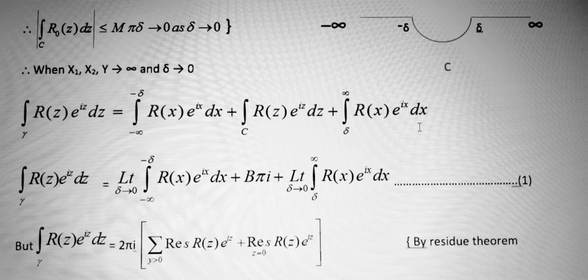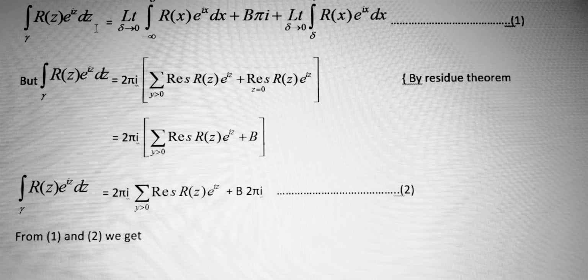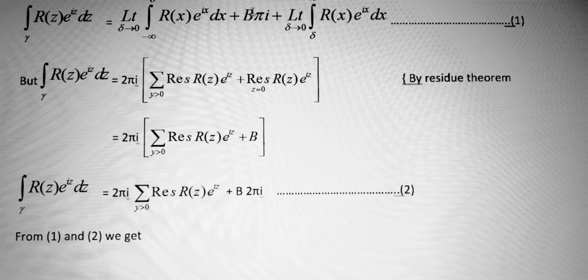From 1 and 2, the left hand sides are the same. Therefore, the right hand sides are also the same. So we can cancel b pi i from this side and this. If we write this on the left hand side and this on the right hand side, b pi i is cancelled and this becomes 2 b pi i minus b pi i, which is b pi i.